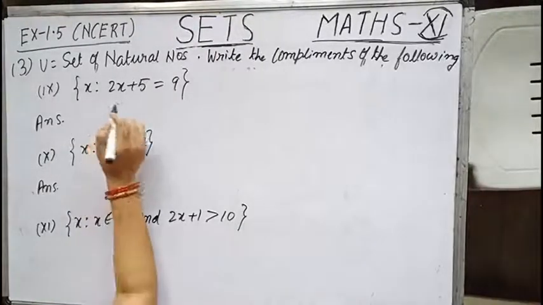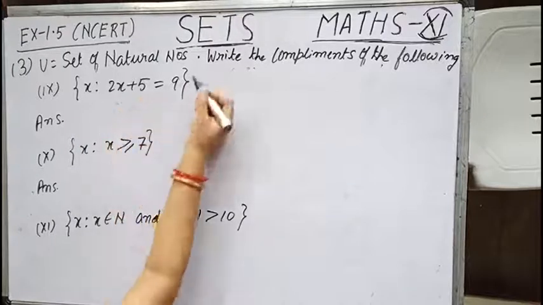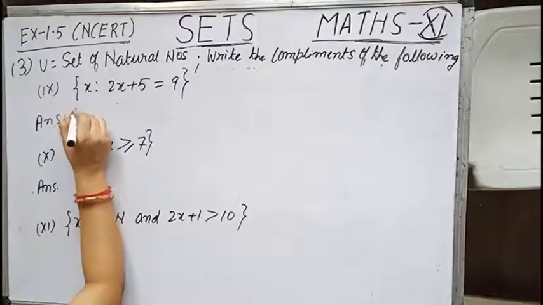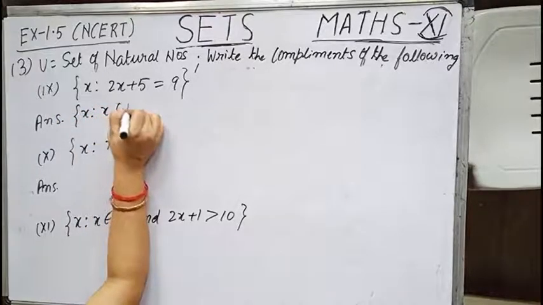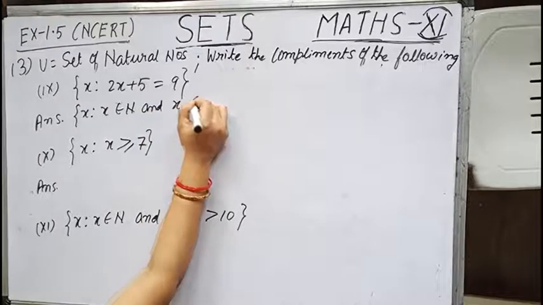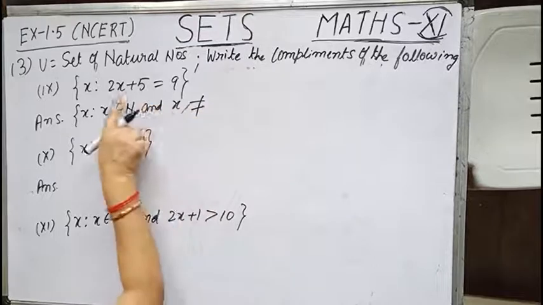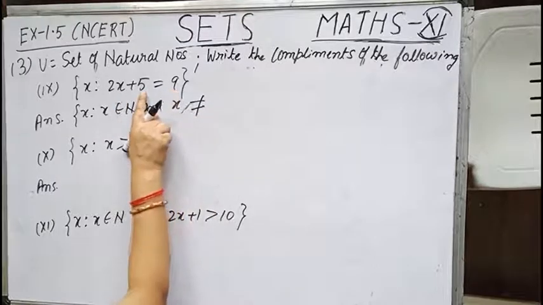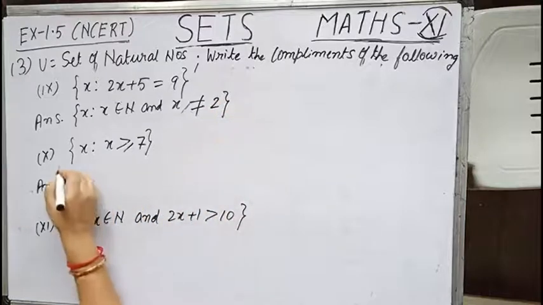Subpart number 9 is x such that 2x plus 5 equals 9. We have to find the complement of this. So obviously the answer will be x such that x belongs to capital N and x not equal to 9 minus 5 is 4, 4 by 2 is 2, x is not equal to 2.